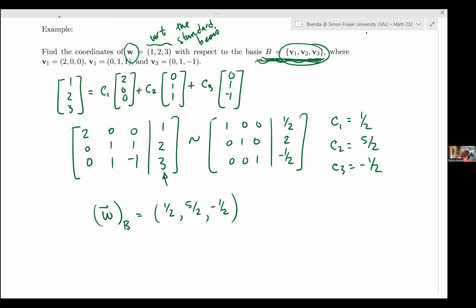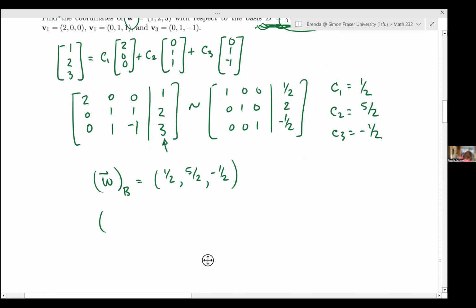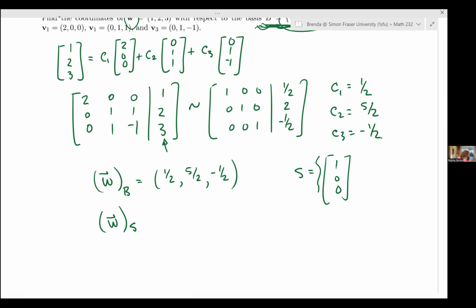And this is the same vector as the vector W written with respect to the standard basis. Let me just put the standard basis here: 1, 0, 0, 0, 1, 0, 0, 0, 1. We've been using these ones without thinking that there's any other ones from the beginning of the course. Just like you head out into grade school and you use base 10 for a large period of time, and then like, hey, you know what?